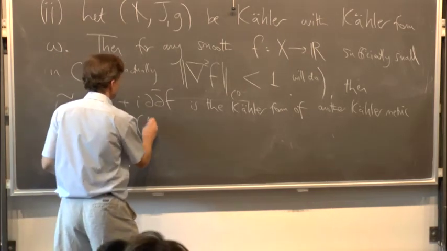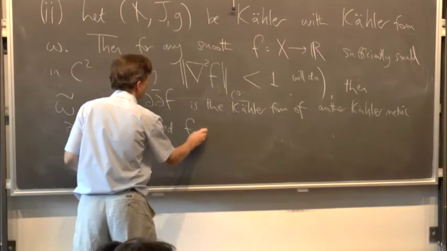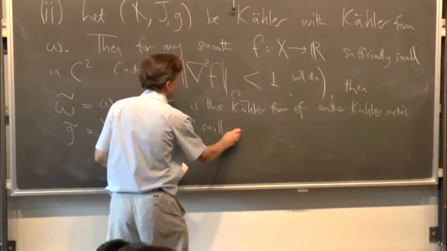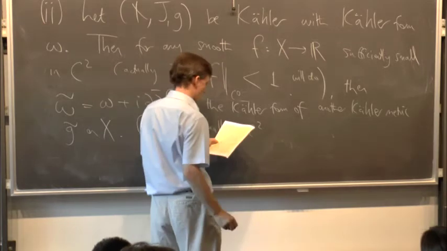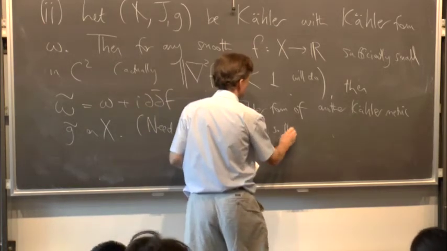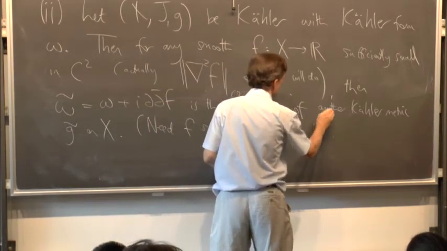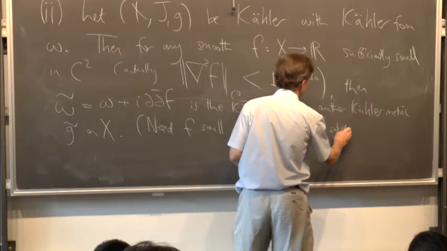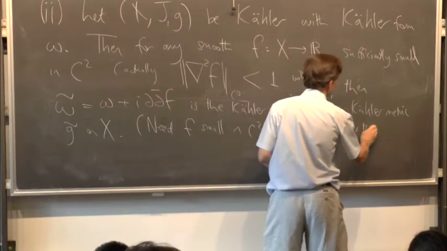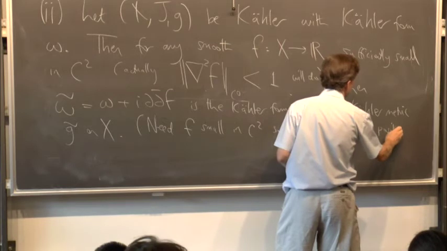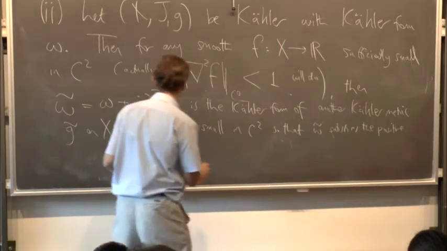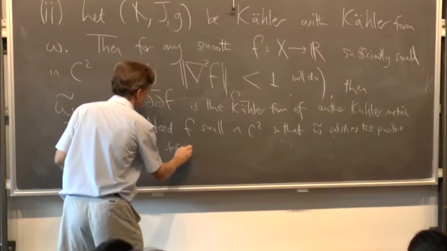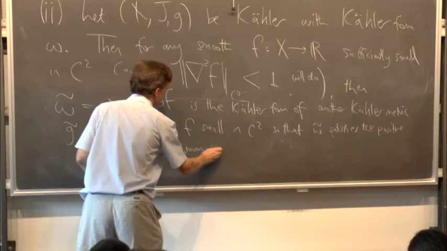Here, well, we need f small in C^2 so that omega twiddle satisfies the positive definiteness condition.